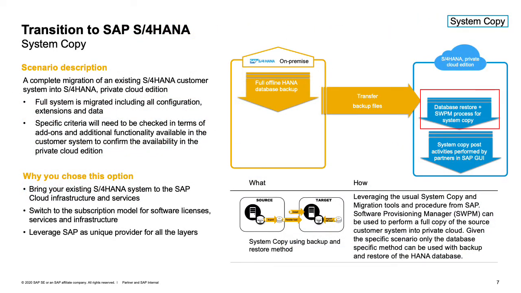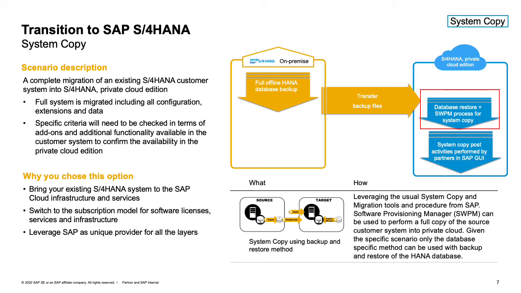Now let's talk about the other scenario that we have previously seen, called system copy. This allows an existing S4HANA customer to migrate their system to private cloud and leverage the SAP Cloud Services and infrastructure, as well as the subscription pricing model. To perform this migration, you will use the well-established system copy procedure, which can be performed using the Software Provisioning Manager tool from SAP.